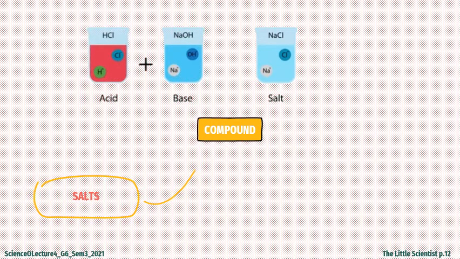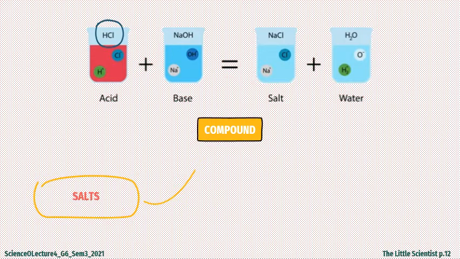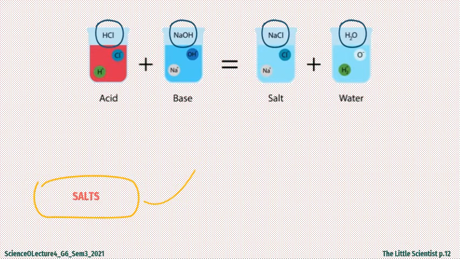The reaction of an acid with a base is called a neutralization reaction, and the products of this reaction are a salt and water. For example, the reaction of hydrochloric acid, HCl, with sodium hydroxide, NaOH, produces a solution of sodium chloride, NaCl, and some water molecules.